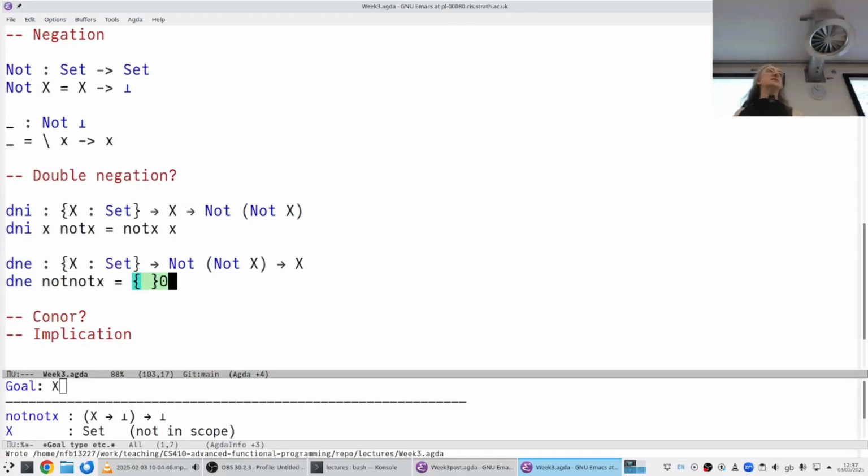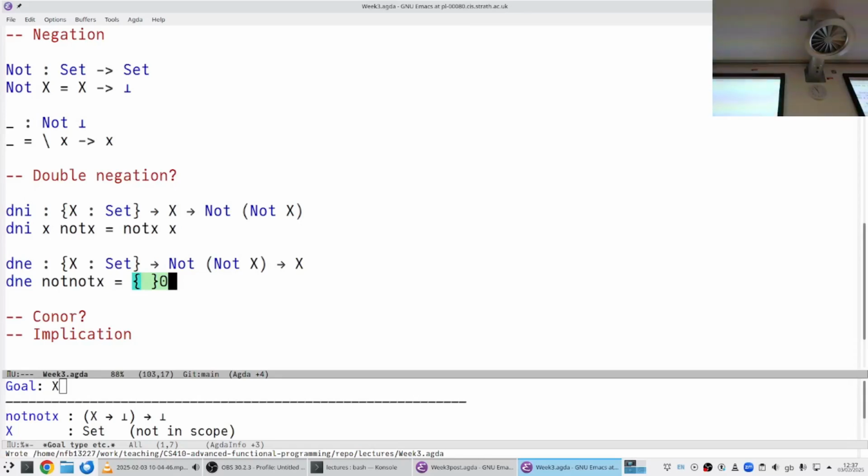So that's a distinction that shows up here, which doesn't show up in ordinary mathematics, where people wander through life not being able to tell real bits from magic bits. In Agda, there are no magic bits.